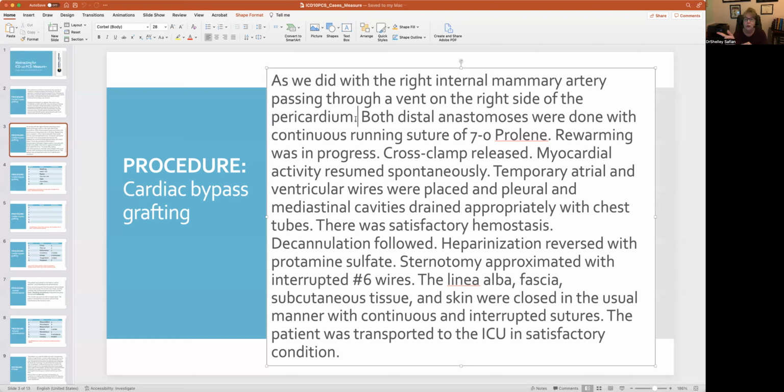Heparinization reversed with protamine sulfate. So heparin is a medication that thins the blood. And definitely when you are operating on a heart or major arteries and veins, you do not want to encounter any possibility for blood clots to happen, because that's problematic.